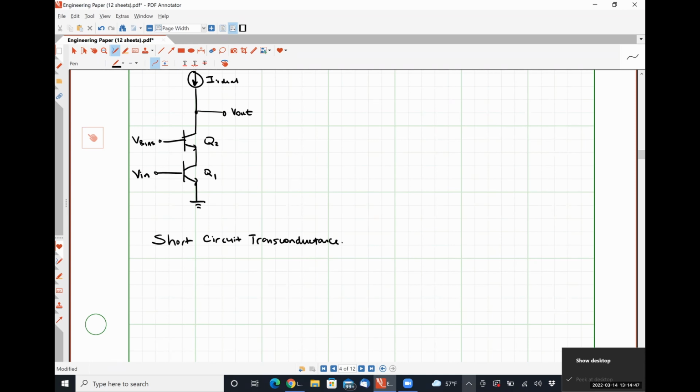This method, by the way, can absolutely be applied to any single transistor amplifier as well. It's just not necessarily needed or useful for such simplistic circuits, okay?